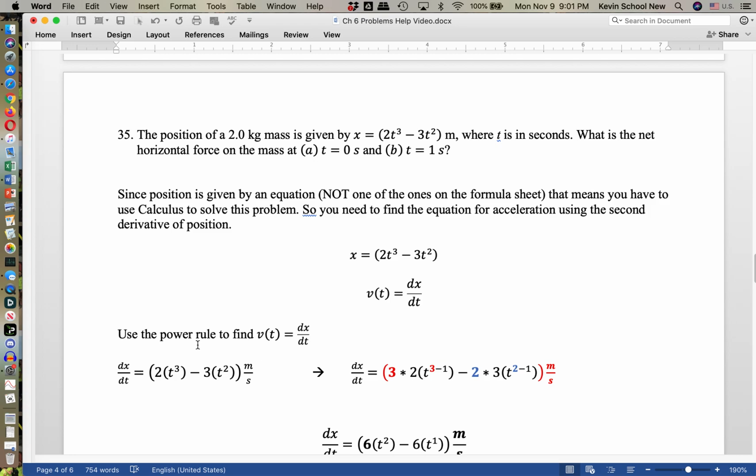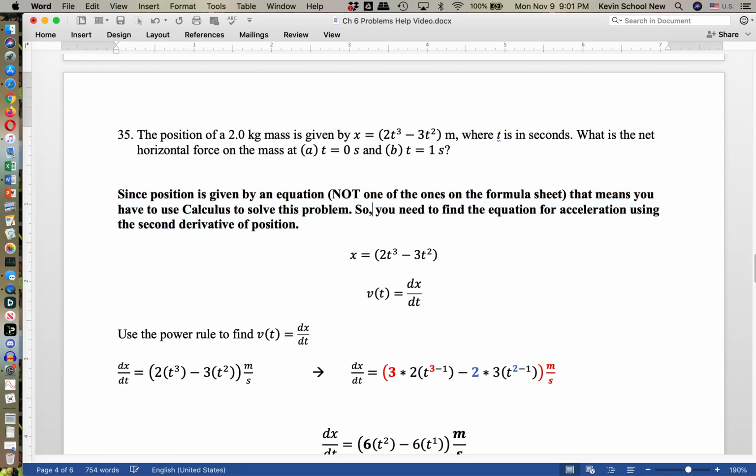So as I've got written here, if they give you an equation for position that is not one of those kinematic equations on your formula sheet, that is telling you that the constant acceleration equations do not apply here, so you need to do some calculus to solve this problem. Since we're given a position equation with a time component in it, we could do a second derivative of our position and get the acceleration equation that applies for this problem.